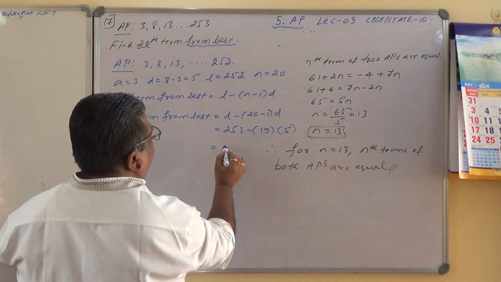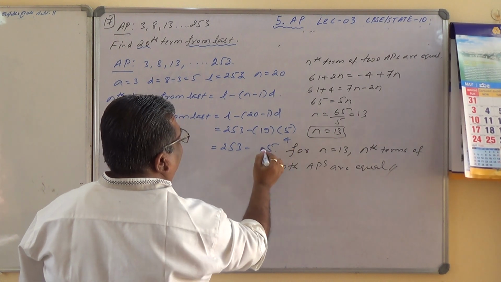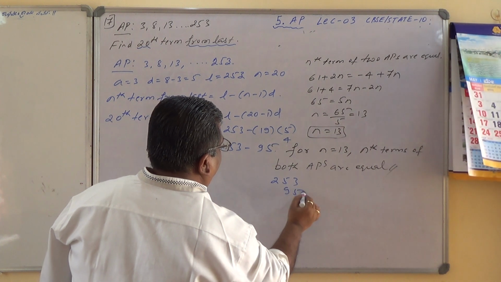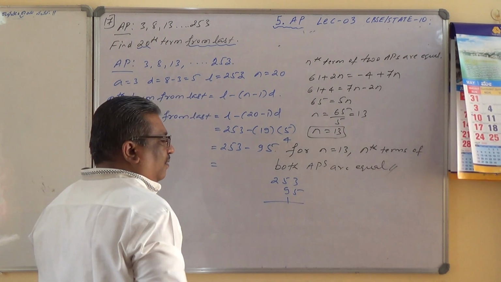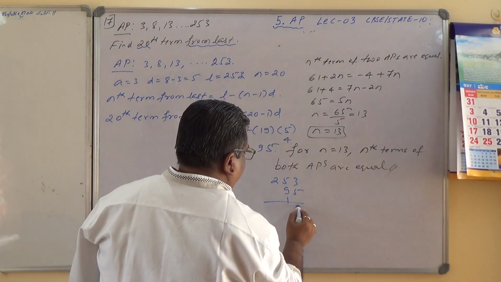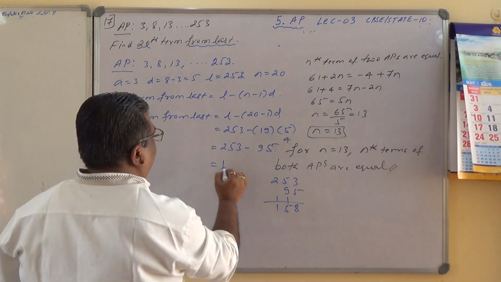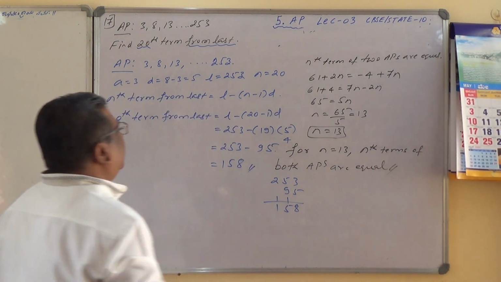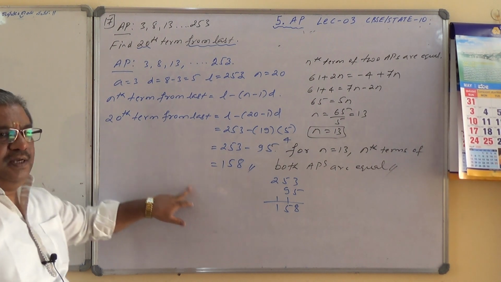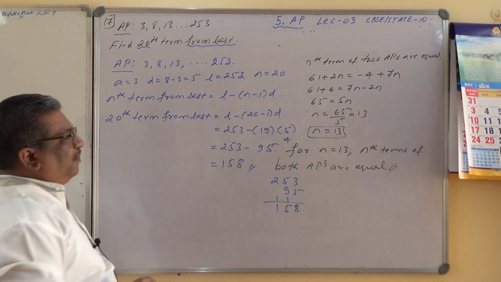Therefore this equals 253 minus 95, which equals 158. The 20th term from the end is 158. Check the answer please. This is question number 17. Okay, I hope you have understood.